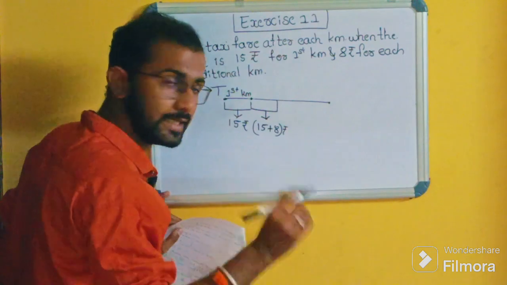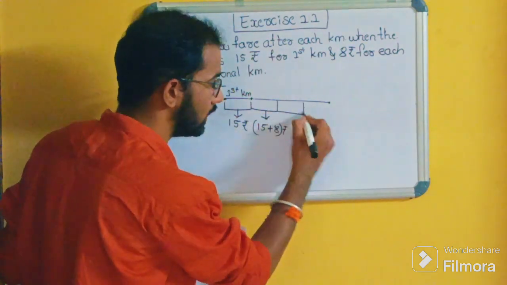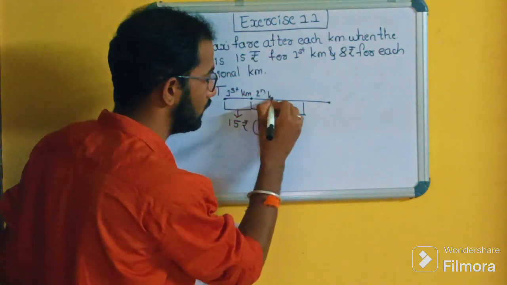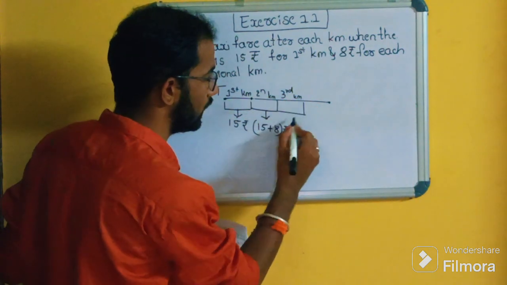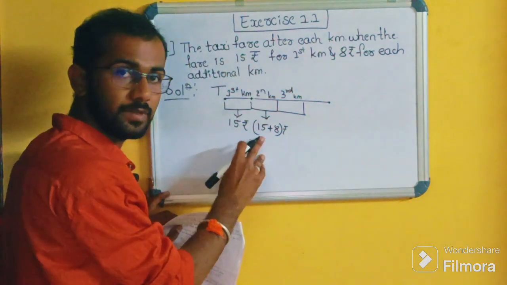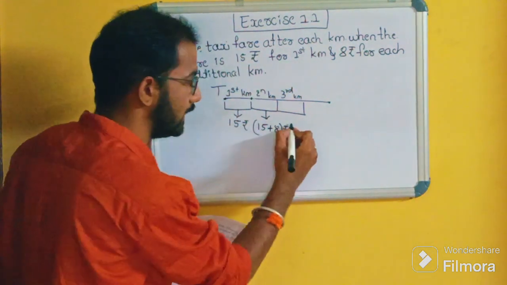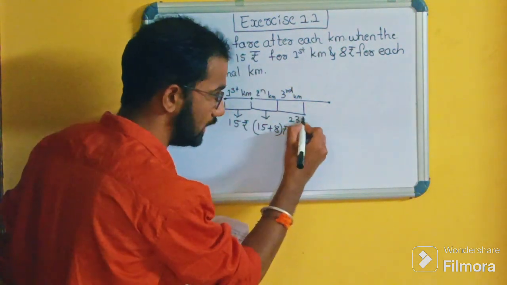If you travel for 3 kilometers, this is the second kilometer, this is the third kilometer. 15 plus 8 is how much? This is 23. 23 plus 8.